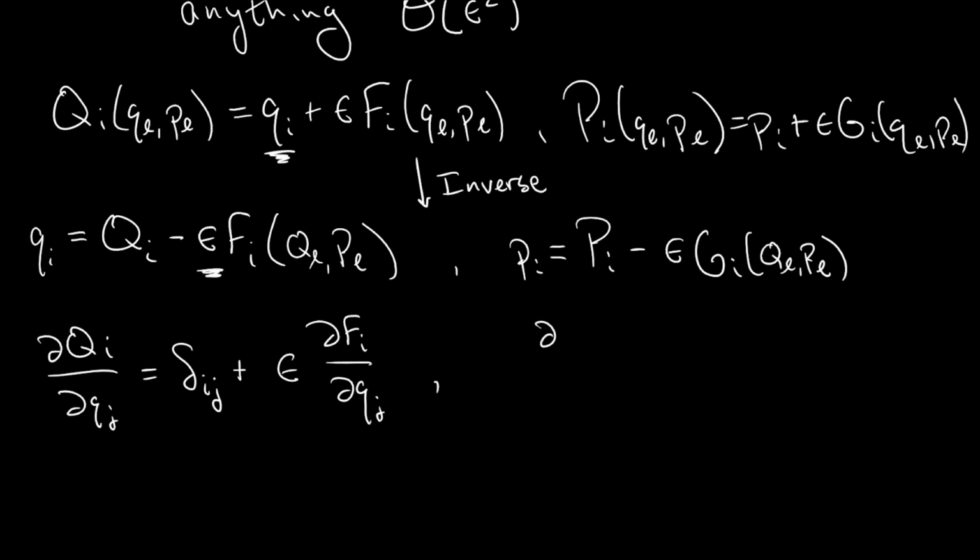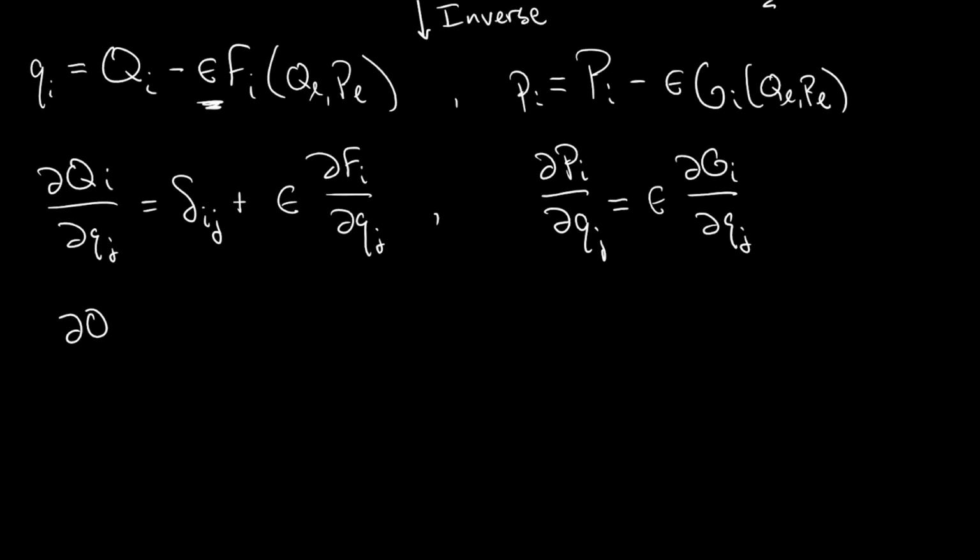I have dp sub I dq sub j. Well, this term here, when I take the derivative with respect to a coordinate, just drops out. That one just goes to 0. So I'm only left with the derivative of this second term. This is epsilon dg sub I dq sub j.